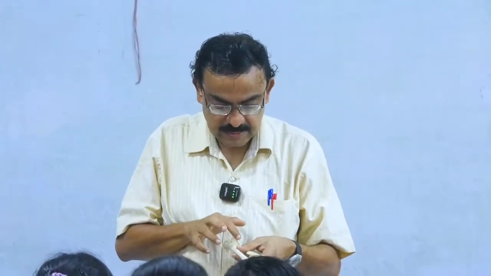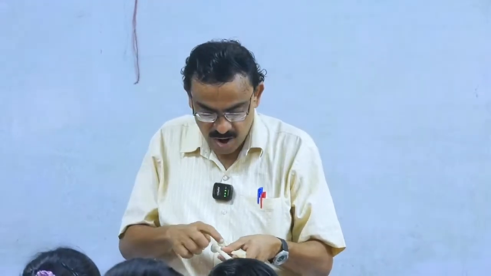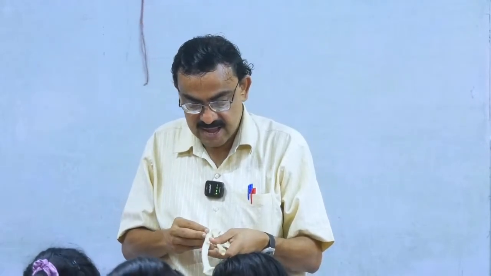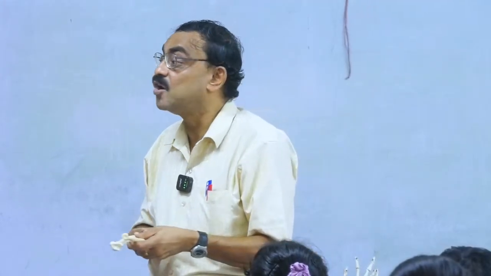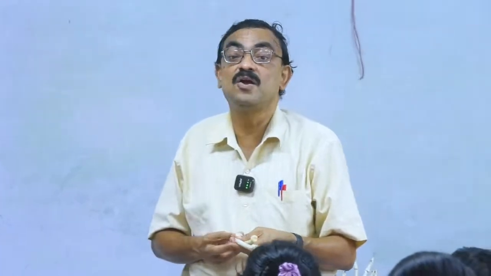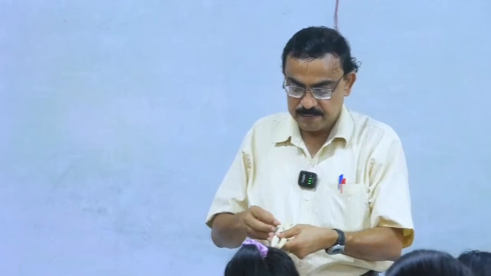There is another binder from the radial tuberosity to the ulnar tuberosity. There is one band, ligament-like, which binds the radius and the ulna, and it is present obliquely. That is called the oblique cord.